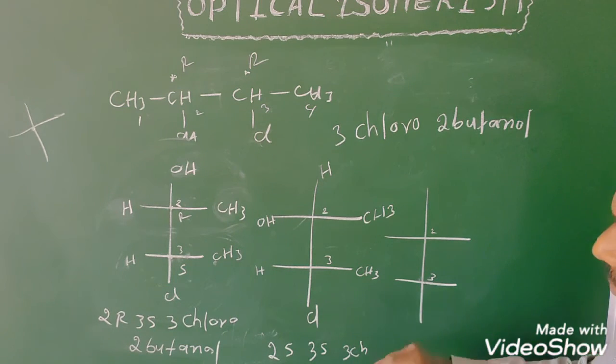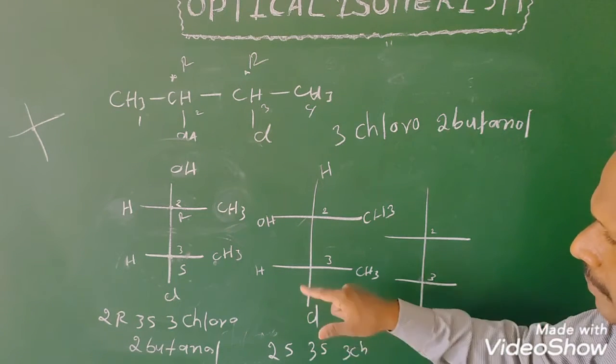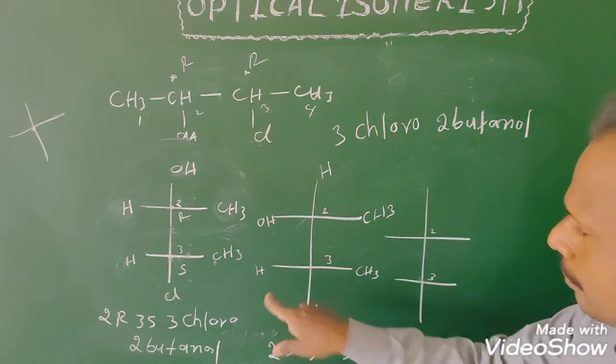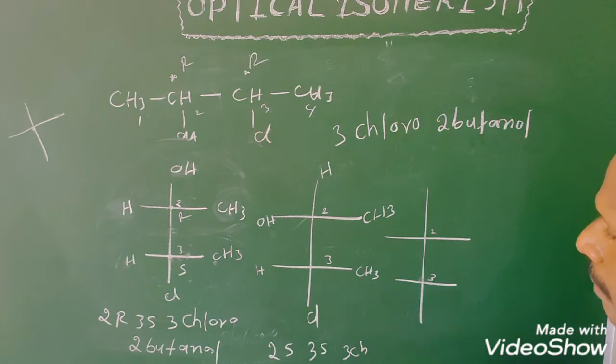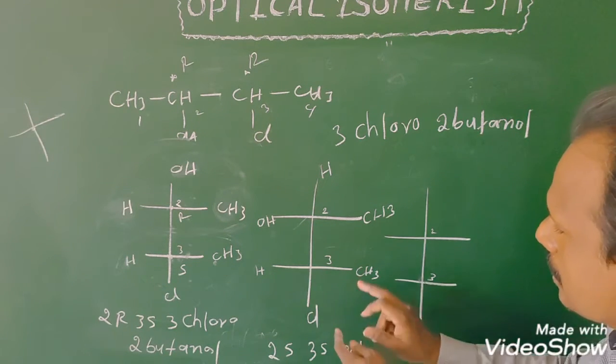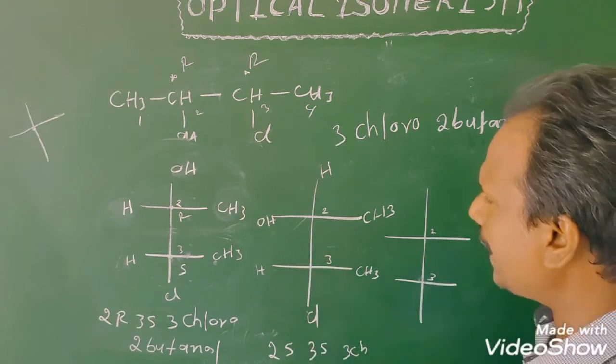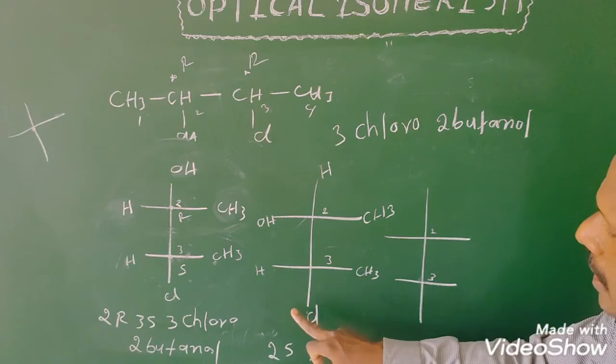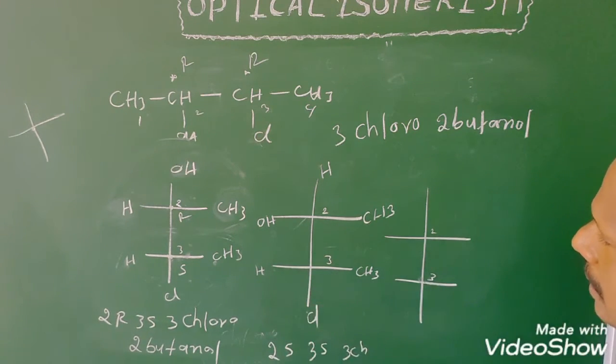Next, if we change these two groups, what does the chirality change to? These two groups are at 90 angle. By changing the groups at 90 angle, chirality changes.